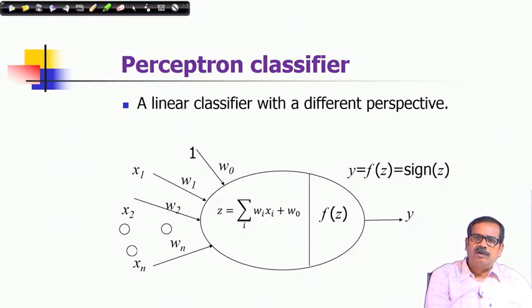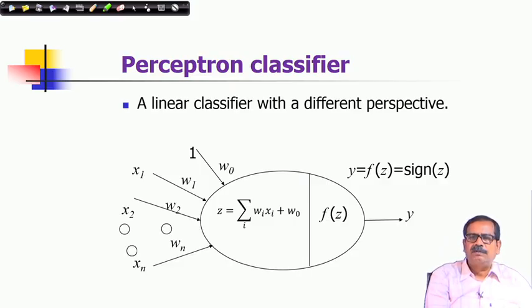In this computational block, the input is a feature vector, an n dimensional feature vector x 1 to x n, those are the corresponding attributes in the feature vector, and each attribute has a weight w i, and there is a weighted combination of these attribute values plus a constant term which can be considered as bias w naught. So, this is the functional form.